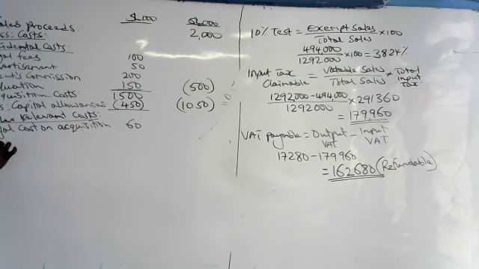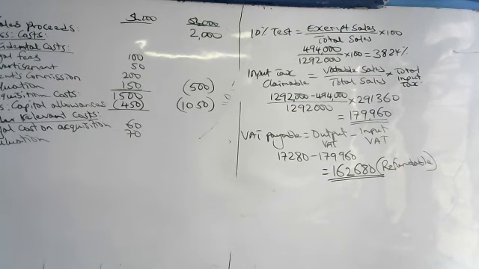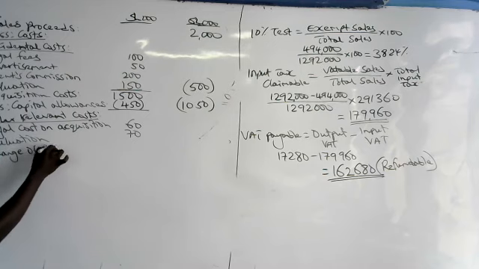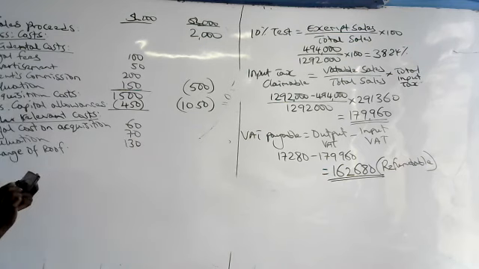Valuation is 70. Change of roof, recurring costs still, of 100, and 130.